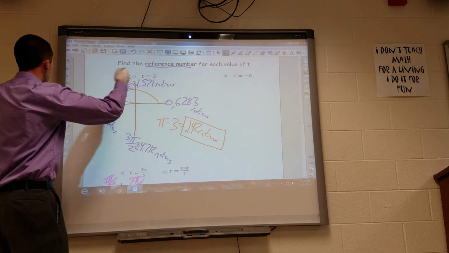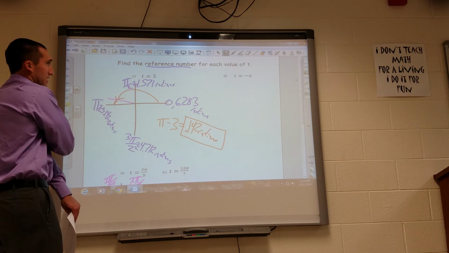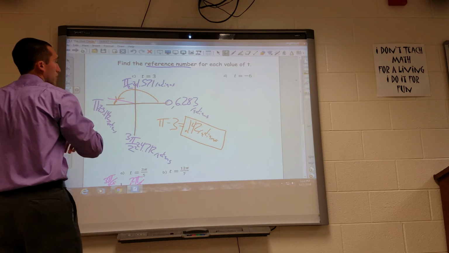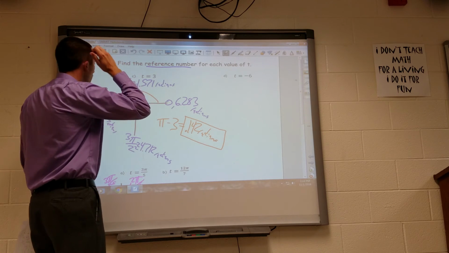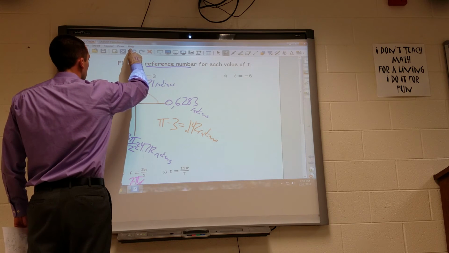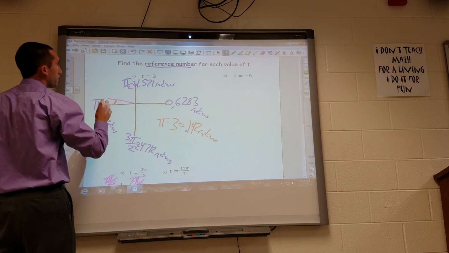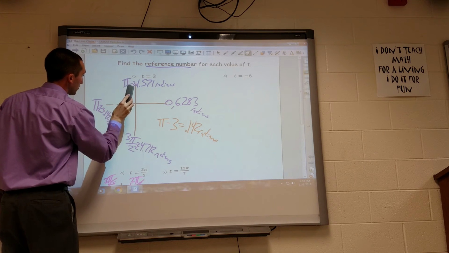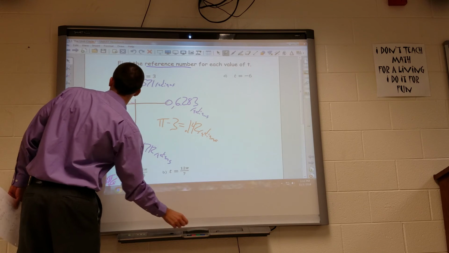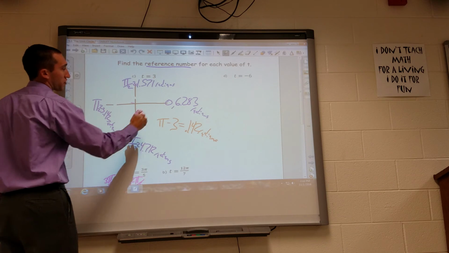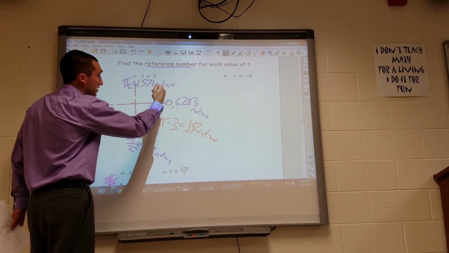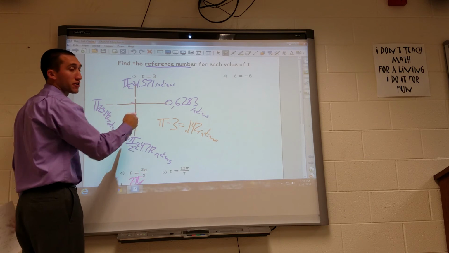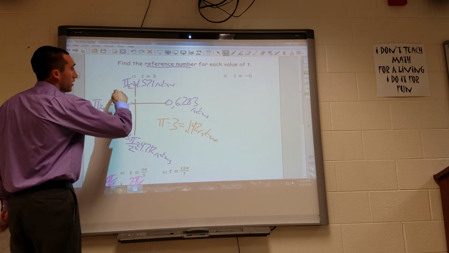The next one gives me a -6 radians. So a -6 radians means I start at my x-axis, but instead of going around counterclockwise, now I'm going clockwise.